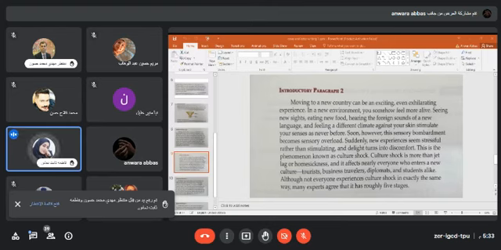This is the phenomenon known as culture shock. Culture shock is more than jet lag or homesickness. Homesickness. Do you know what homesickness means?